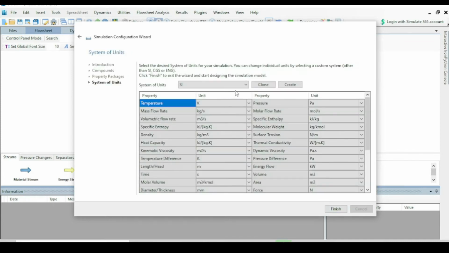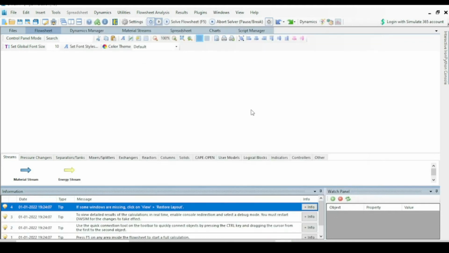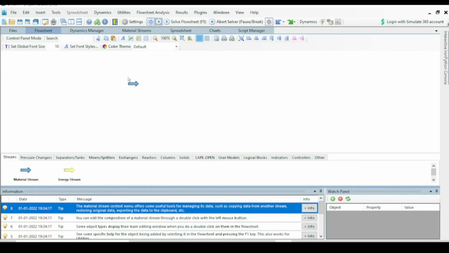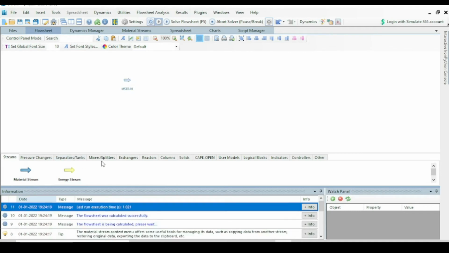Then click next, and from units I will choose the C5 unit set for the calculation of this problem. And now we are ready to construct the process flow diagram. So first just take a material stream and then take one mixer.